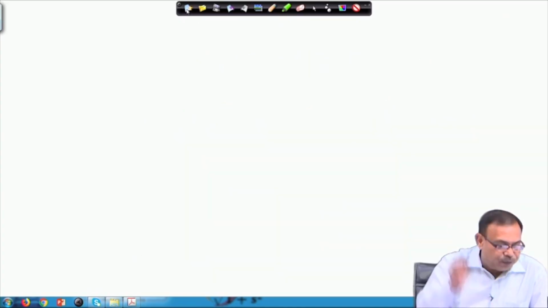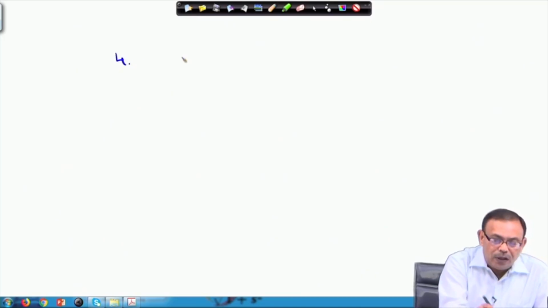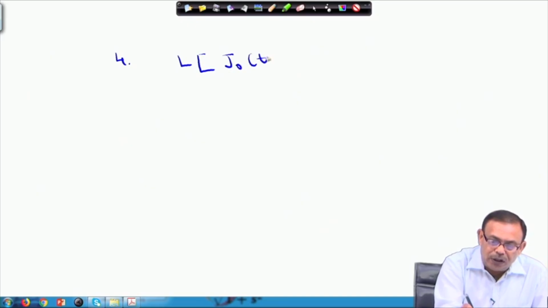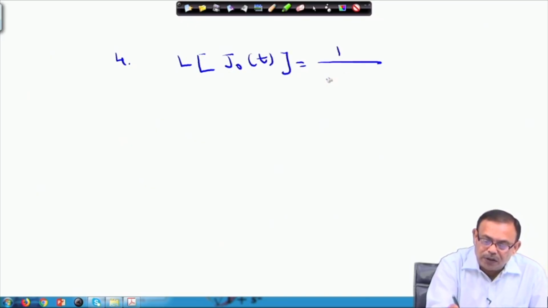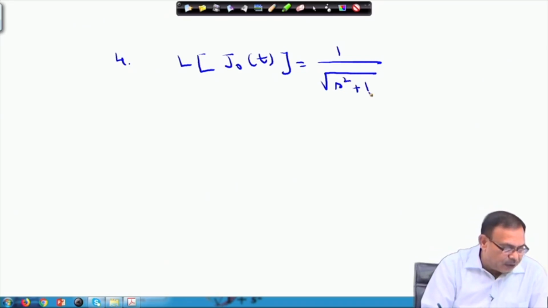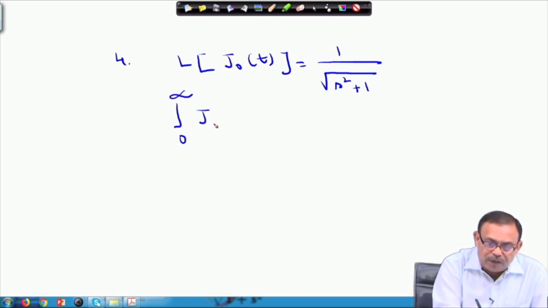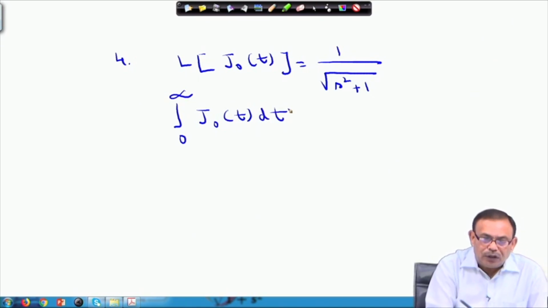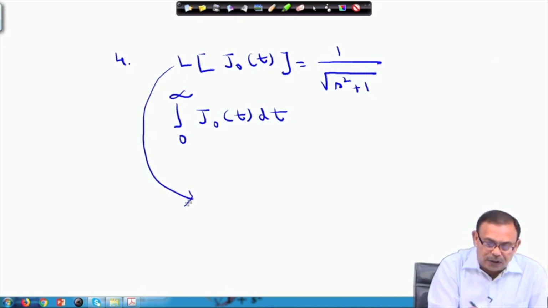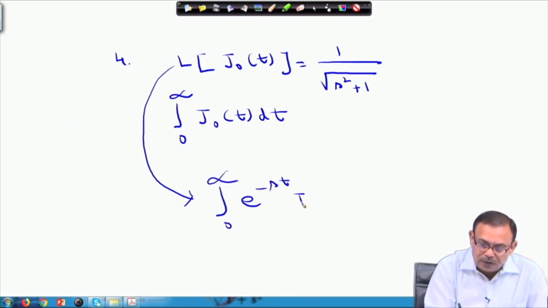And number 4 was the Laplace transform of J0(t), which we already know is 1 by root over s square plus 1. Therefore, what will be the value of the integral from 0 to infinity of J0(t) dt? Actually, what is this? From the definition, this is the integral of e power minus st into J0(t) dt.